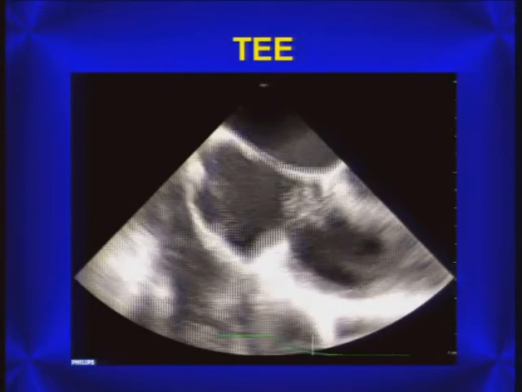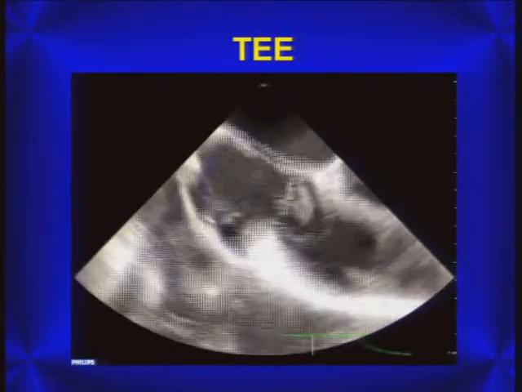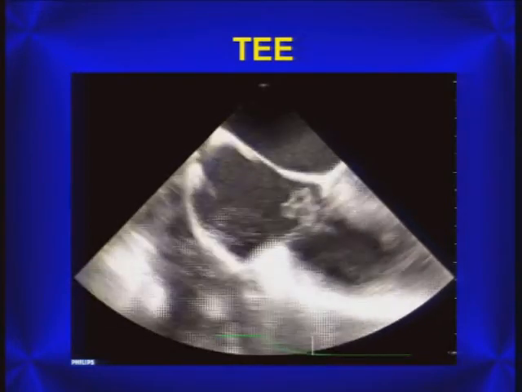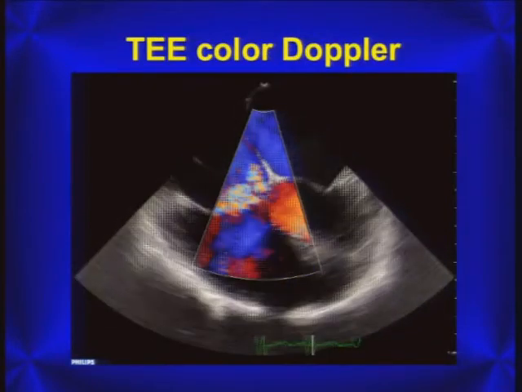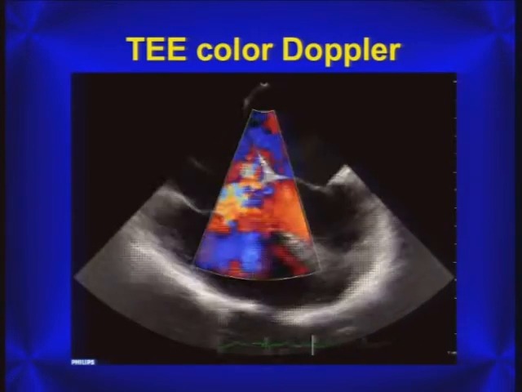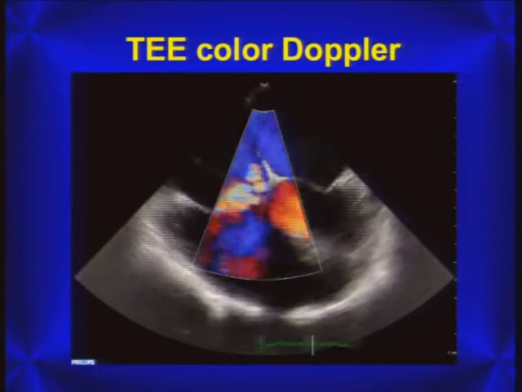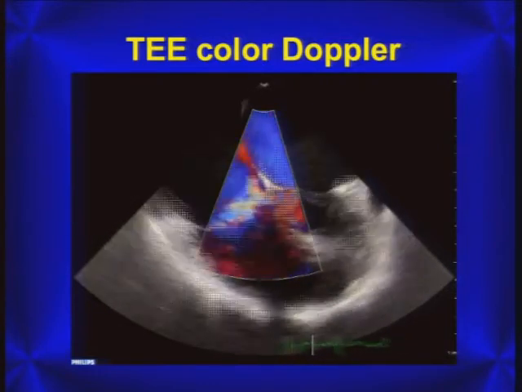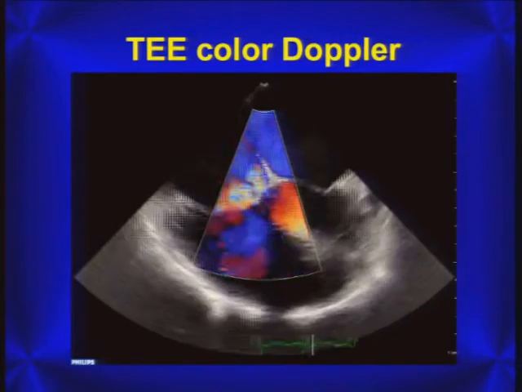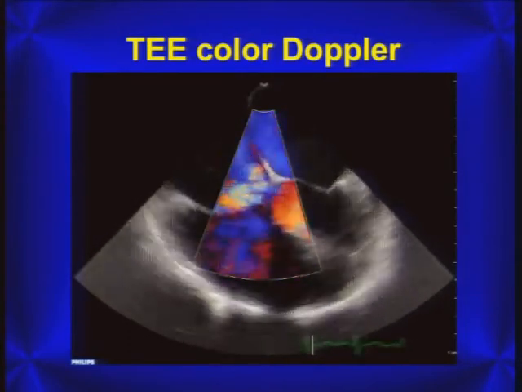Here you could see the mobile mass looking like vegetation. With color Doppler, we detected a high velocity oblique jet in the right atrium, which raised the suspicion of a communication or a defect between the left heart and the right atrium.